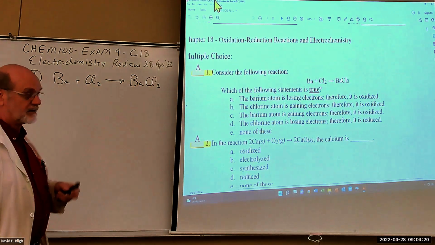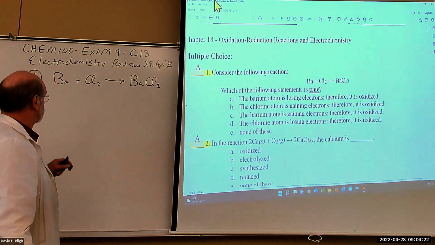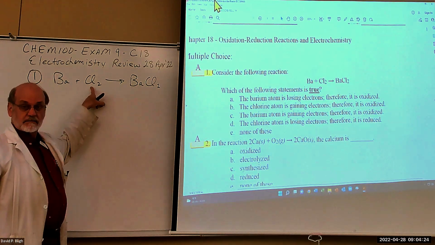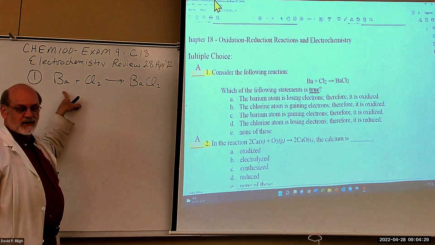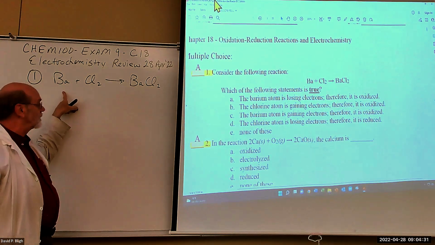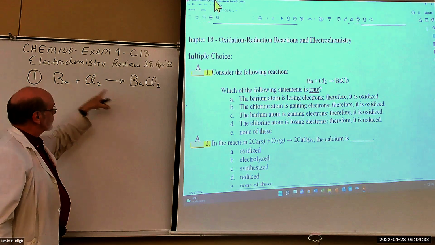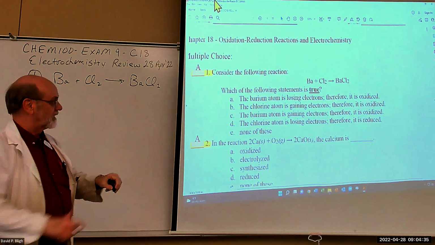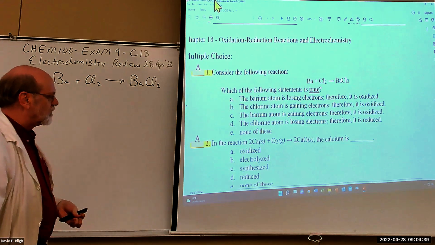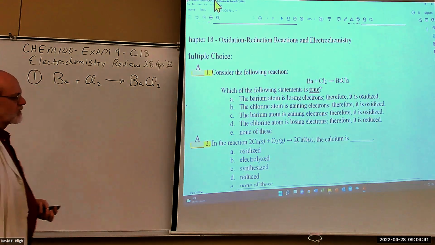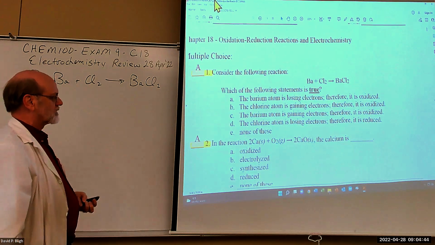First of all, is that right? Chlorine is a halogen, so it's going to come in at a -1. Barium is an alkaline earth, which is a +2. So one of these and two of those makes one of those. That looks good. Which of the following statements is true? The barium atom is losing electrons, therefore it is oxidized.